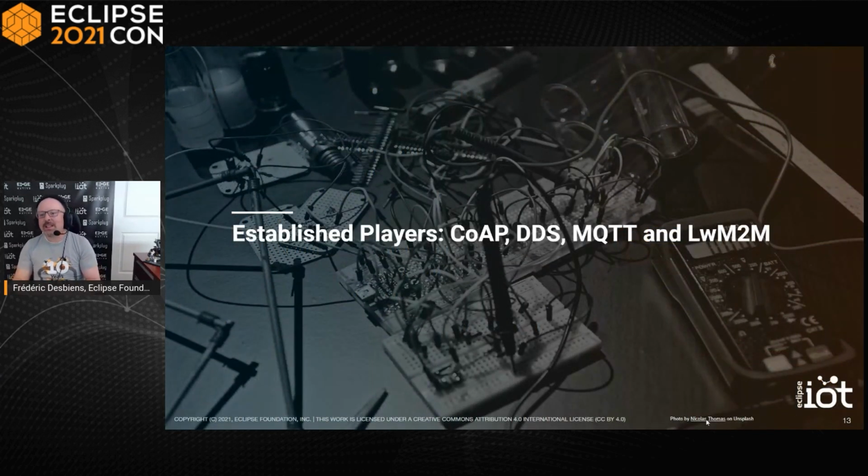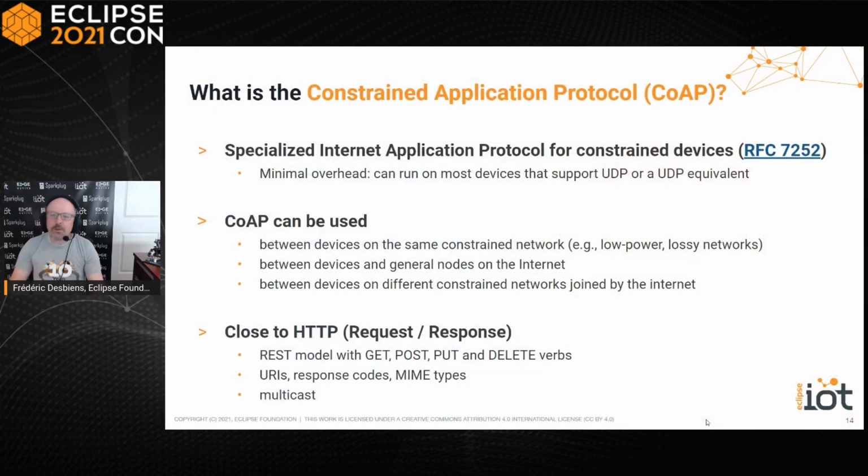Okay, so now let's have a deeper look at what CoAP, DDS, MQTT, and Lightweight M2M can do. So CoAP, as I mentioned previously, is a specialized protocol for constrained devices, and it's documented in a specific RFC. You have the link on the slide.